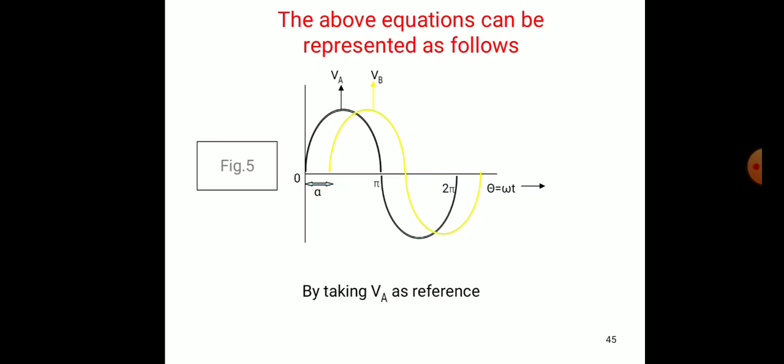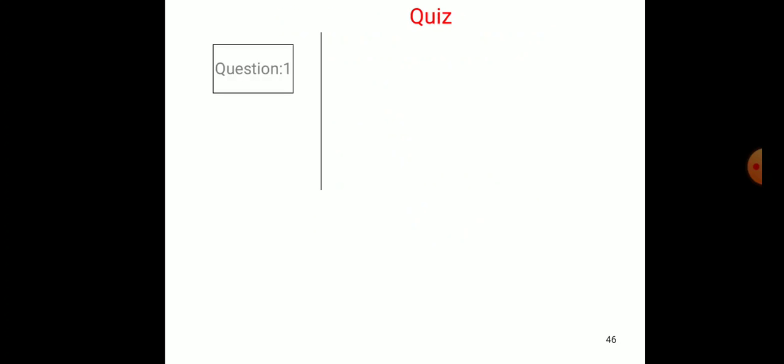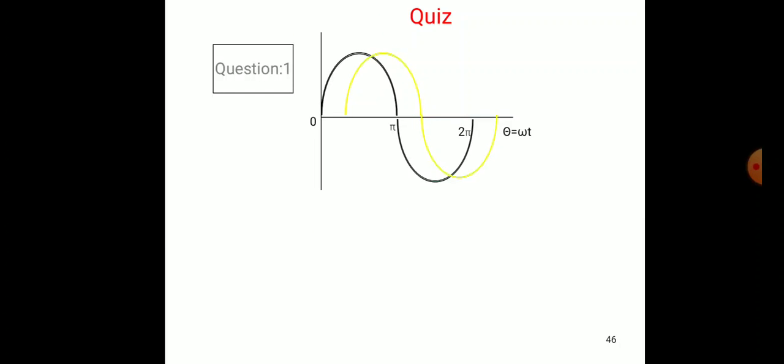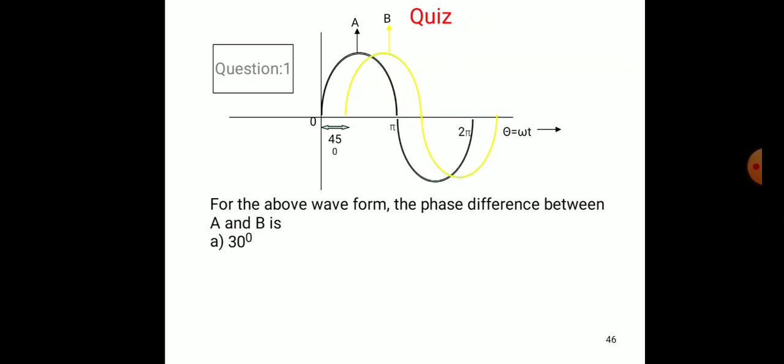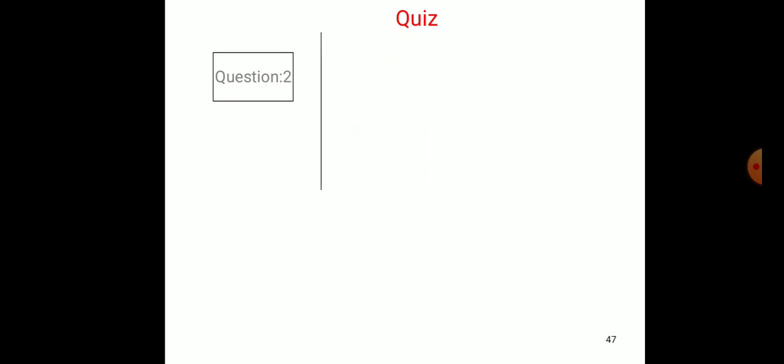By taking VA as a reference, you can see the first quantity and the second quantity. For the above waveform, the phase difference between A and B is 45 degrees. The answer is 45. You see, simple questions.